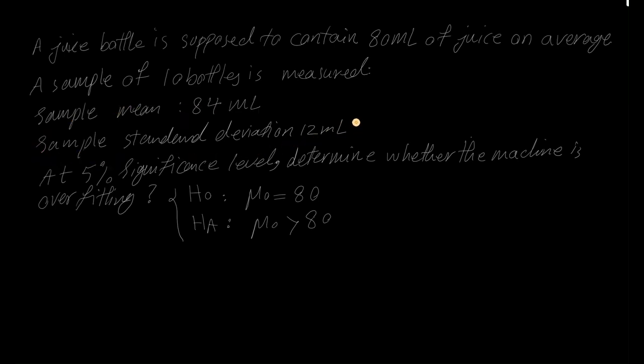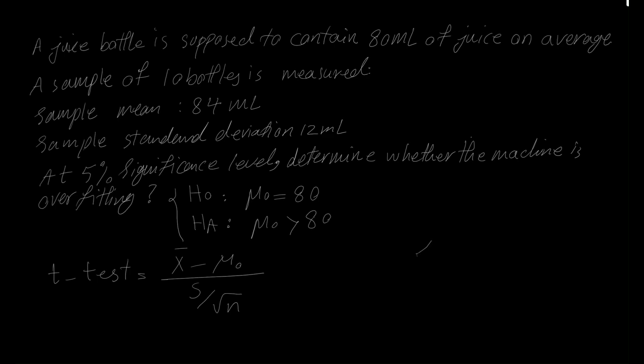When we don't know the population standard deviation and the sample size is small, definitely we use t-test instead of z-test. So I need to use t-test. And what is the formula? It's x bar minus mu 0 divided by s over square root of n.